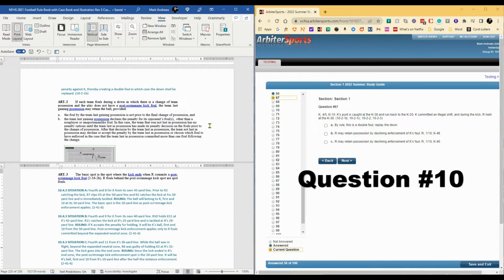So we have two answers that say that. Now, the question is, where does the ball end up? And this is what's called a post-scrimmage kick foul.